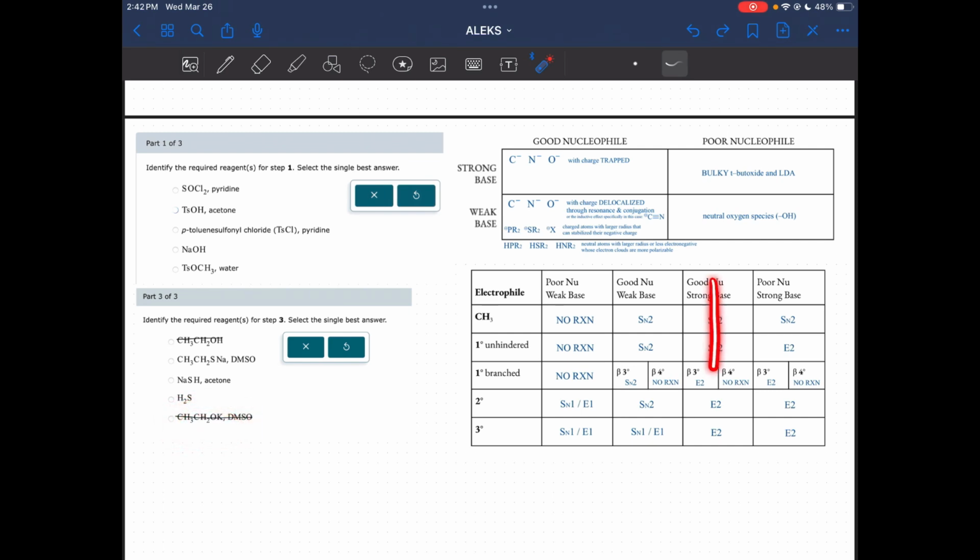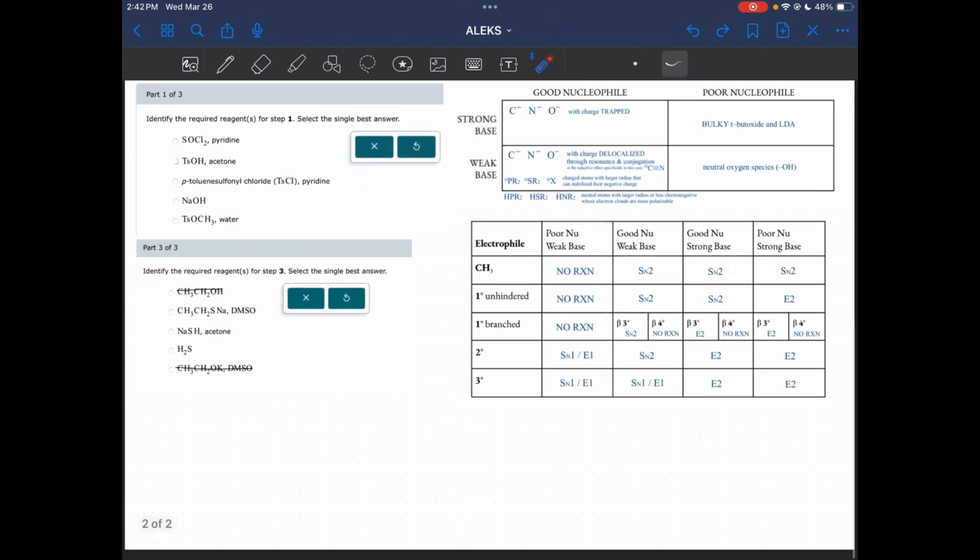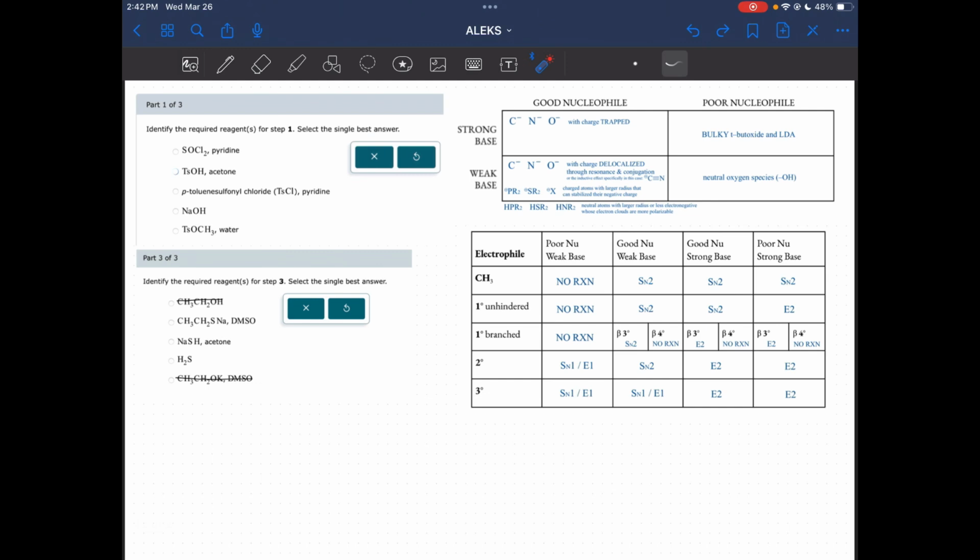So we would end up getting E2 to occur instead. And obviously we see that this is not an E2 product here. So that's also another indicator that we're on the right track with crossing this out. Now I have to consider these other sulfur nucleophiles here.